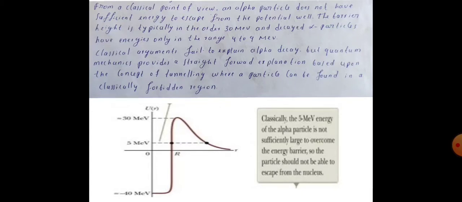But the emitted alpha particle has energy of only about 5 MeV, and this is not explained on the basis of classical mechanics. Here we consider the particle as a wave, and why a 5 MeV alpha particle is emitted from the parent nucleus is explained entirely by quantum mechanics. Here we consider the helium nucleus as a wave.